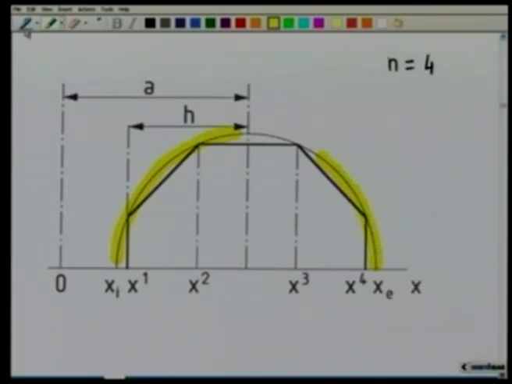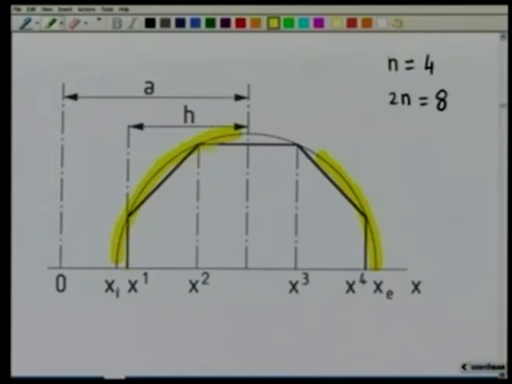Then we draw a regular polygon of 2n sides, that is an octagon, with 2 of its sides perpendicular to the x-axis, one side on this end and another side on the other.